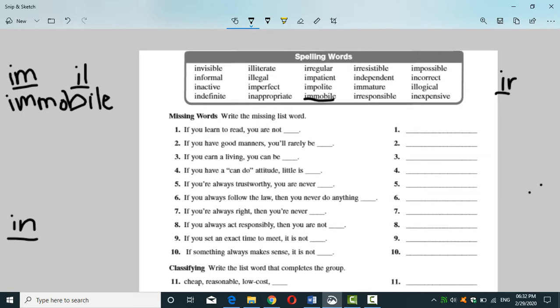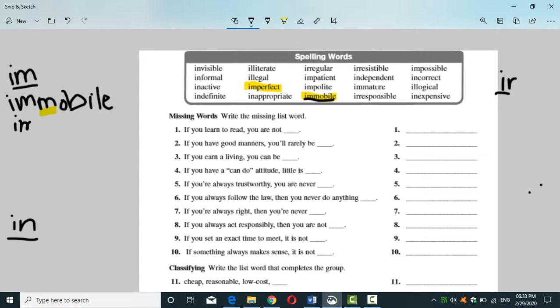See, so we used one strategy to identify that if a word begins with M or P, the prefix IM comes before it. It has to start with P, like this one, imperfect. You see imperfect? Let's take this example and write it here.